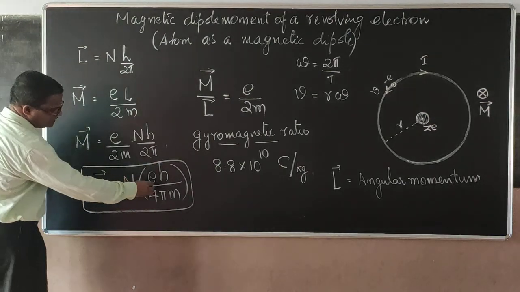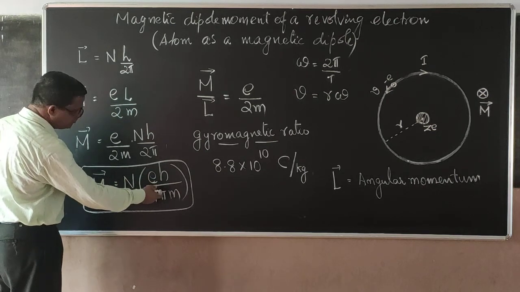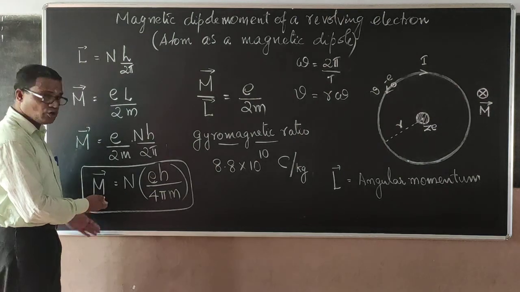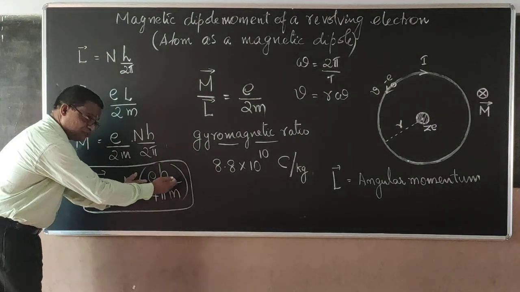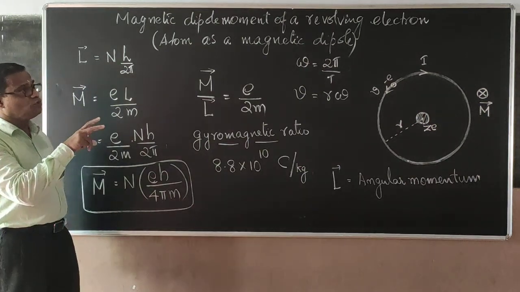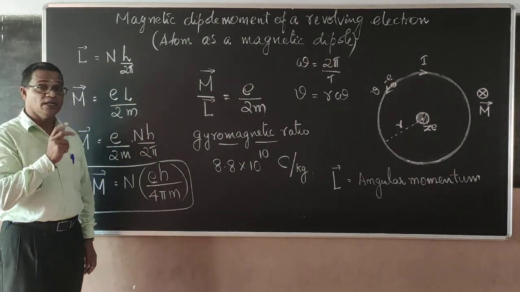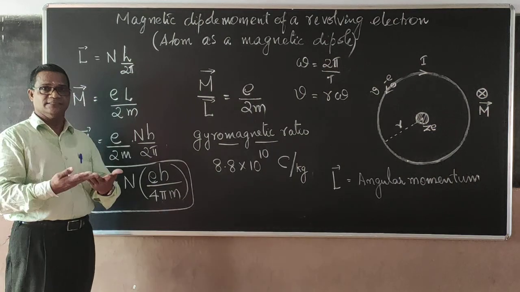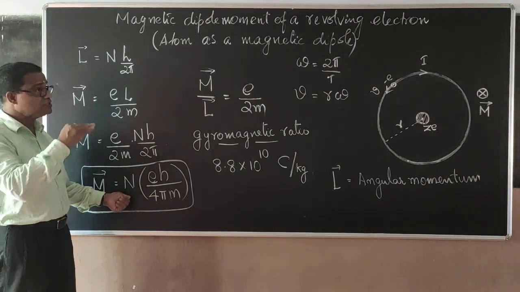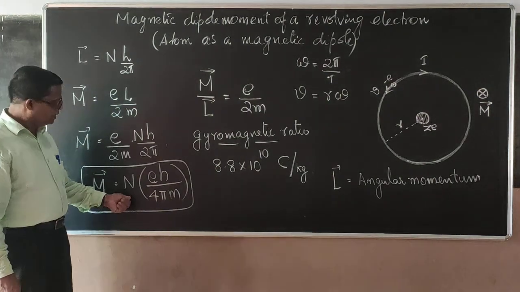Now you can see this e h by 4 pi m. This quantity is a constant, and you can have the value of that constant, multiplied by n. That means the magnetic dipole moment associated with the revolving electron is also quantized. So it will depend on the level in which the electron is revolving.